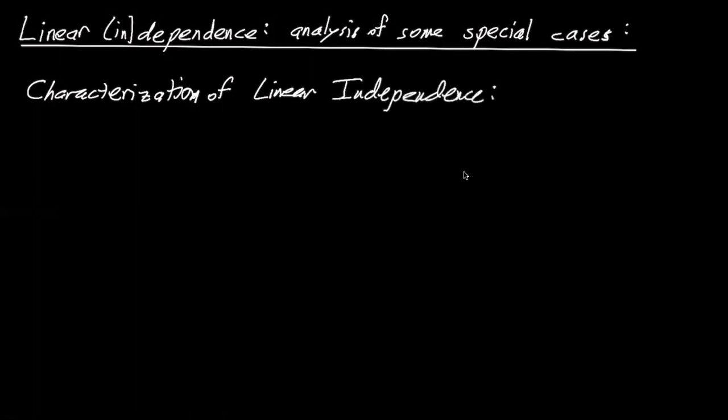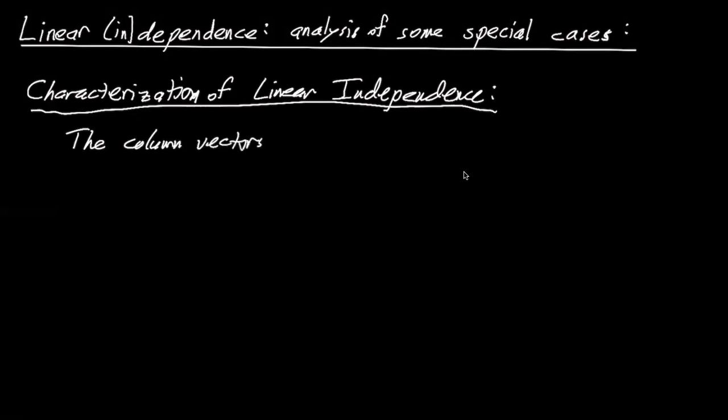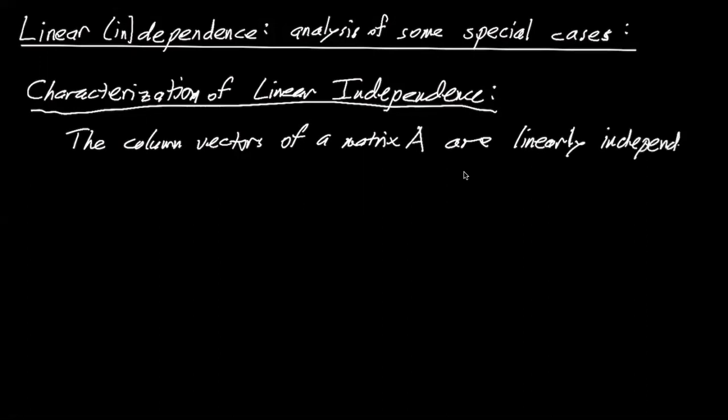All right. So our characterization was, if we have a matrix and we think about the columns as vectors, the column vectors of a matrix A are linearly independent if and only if every column is a pivot column.